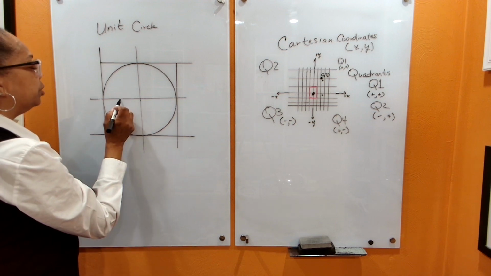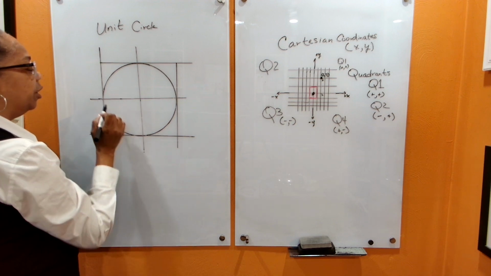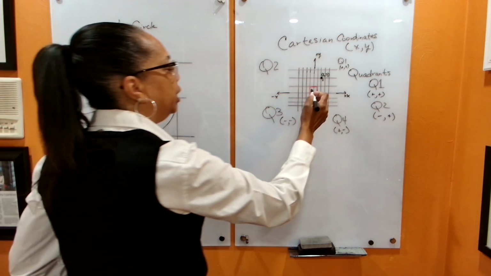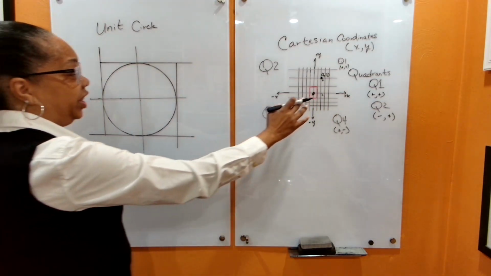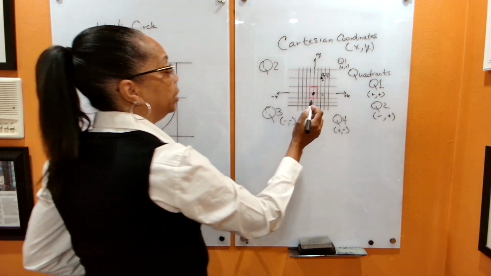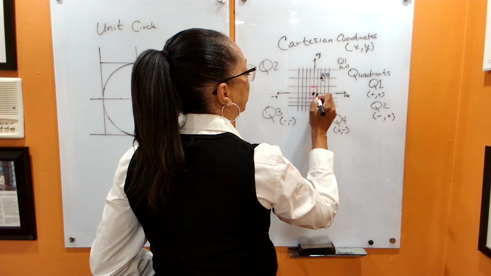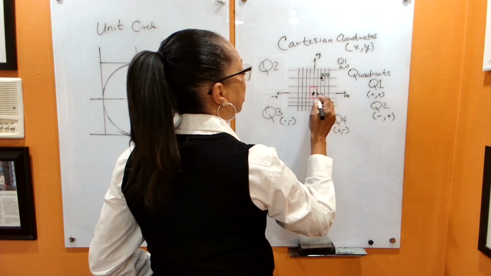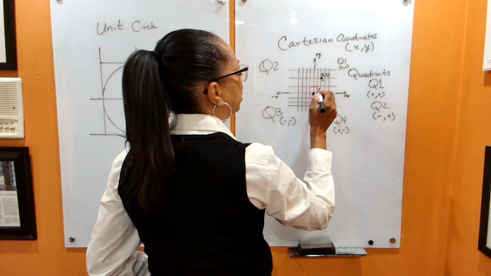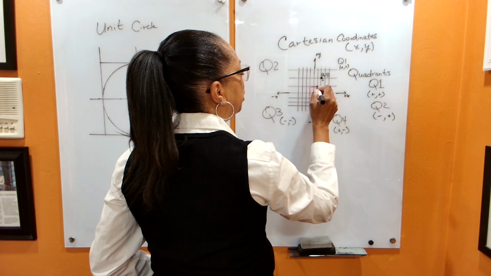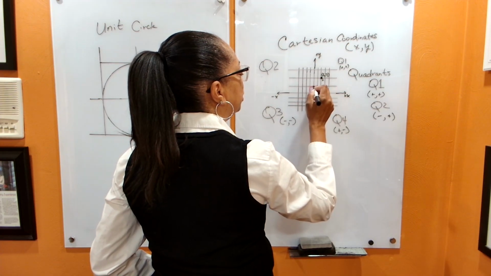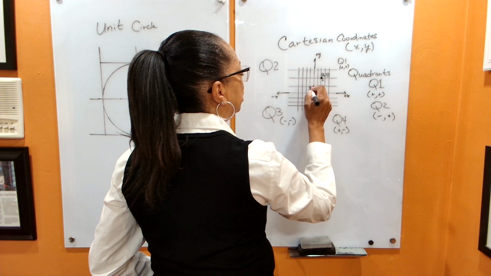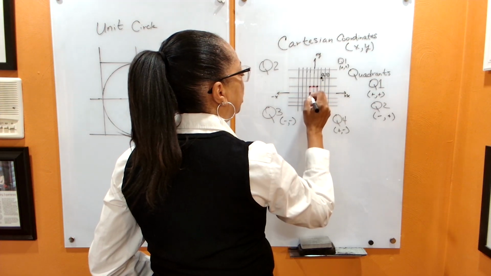So now here we are. We have our unit circle, and we have blown up this thing. This is the equivalent of this. So if we look at this, this counts over 1 in the x direction, no farther than 1. This goes 1. This goes 1. This goes 1.